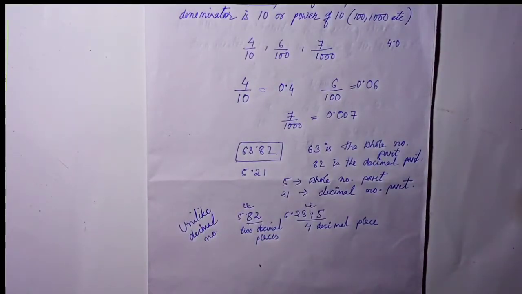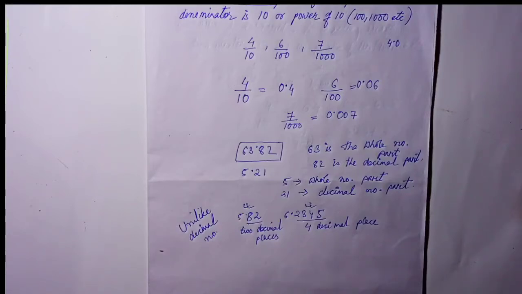Now see, in this chapter we'll learn about a property. It is given on page number 30. The property says that adding zeros after the last digit of the decimal part of any decimal number does not change the value of the decimal.